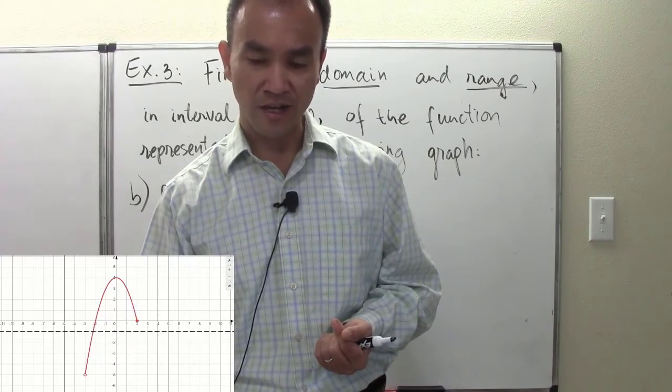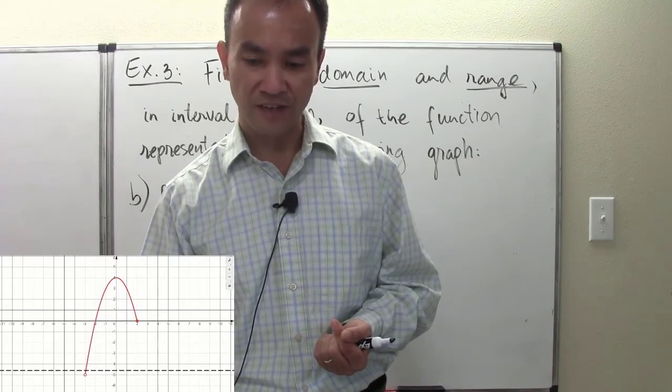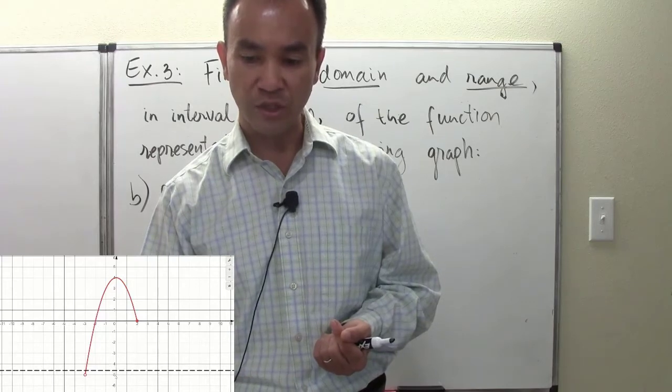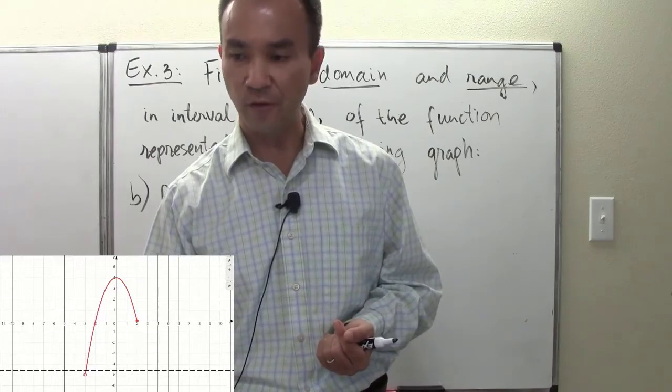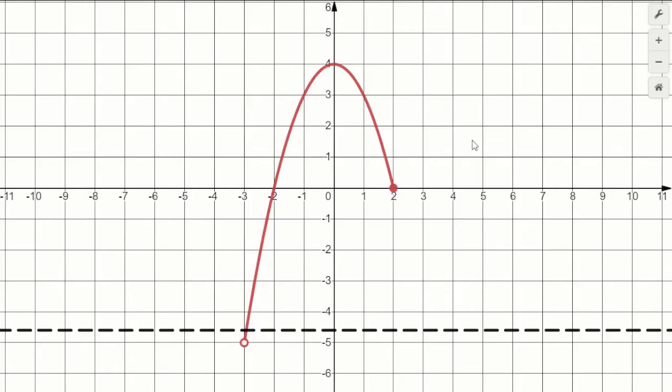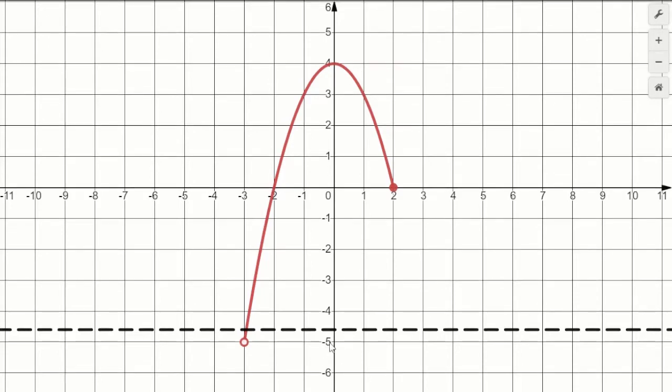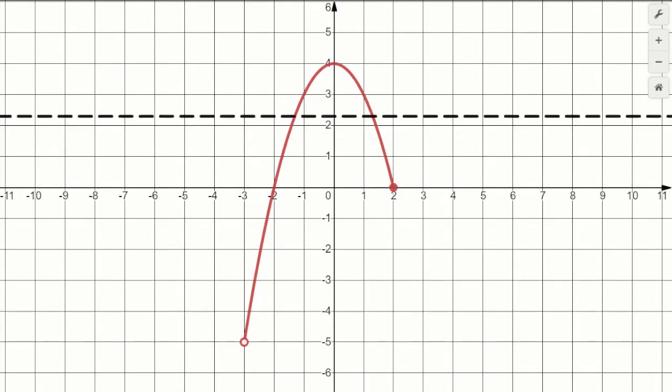Apparently my dotted line is crossing through the graph anywhere between -5 and 4. Let me bring it into closer view right here. Anywhere between -5 and 4, my horizontal line is crossing through the graph at least once, once or twice.